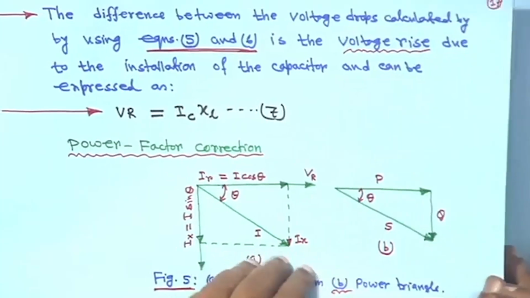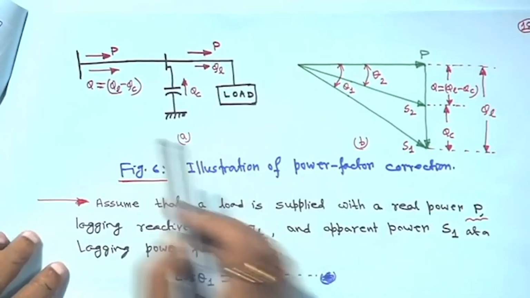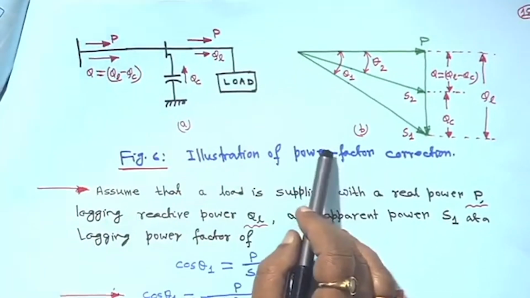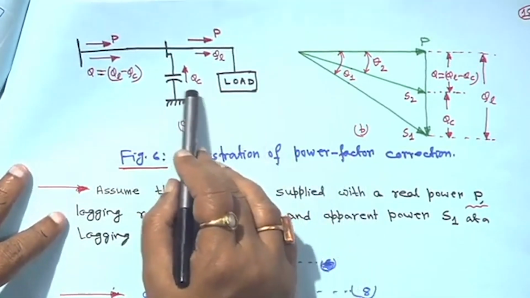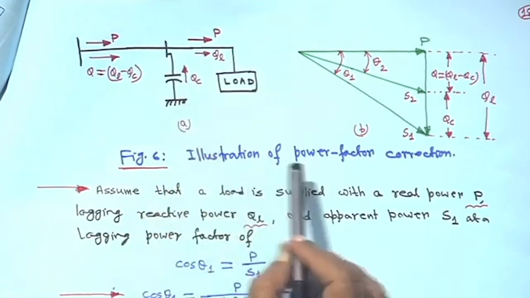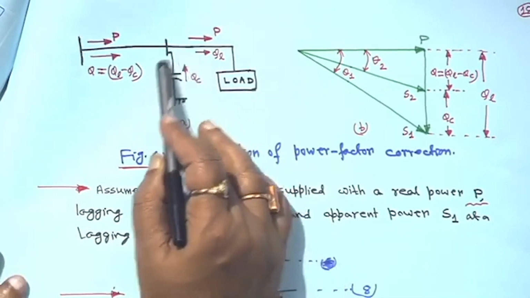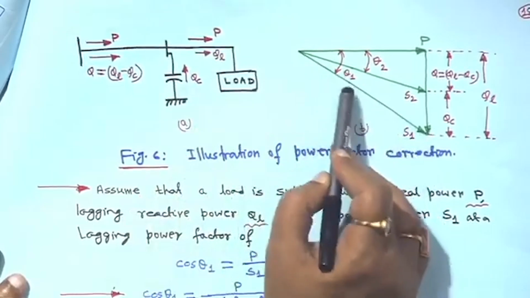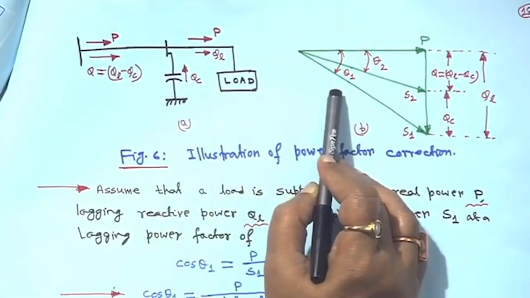Now suppose this is your sending end and this is your receiving end, and the shunt capacitor Q_C is connected, I have not shown it here every time, but it is understandable, and this is the Q load. Now, without the capacitor, if you draw the power triangle, this theta 1 is the angle without using the shunt capacitor.